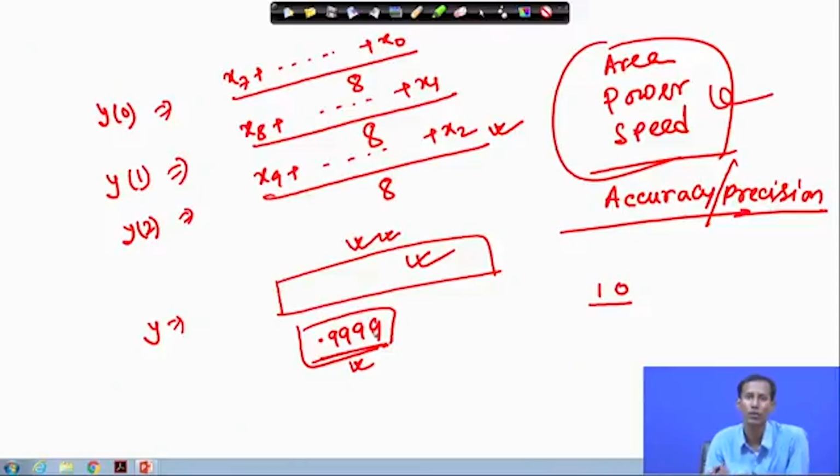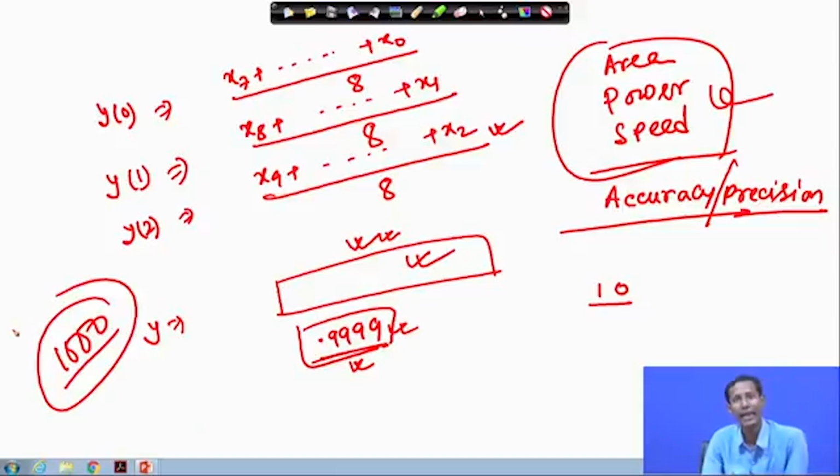Because in signal processing, sometimes the operations are used in a loop, let us consider 1000 times or 2000 times. Suppose I am doing this running average circuit, right. Each of these numbers is less than 1, and thousands of these I am adding.